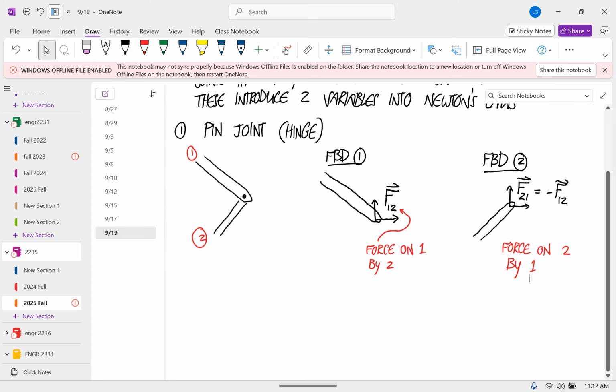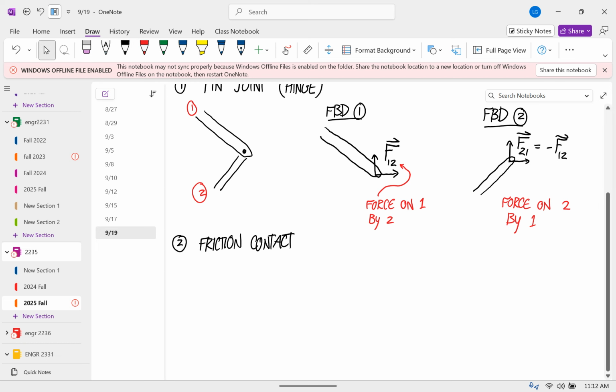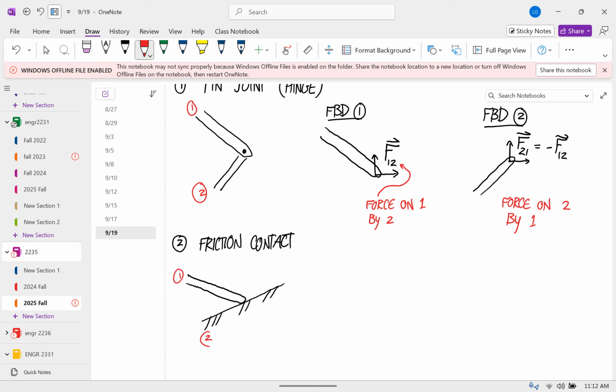The second type in this category is a friction contact. So let's think of a surface and a body that makes friction contact with it. And so I'll call this body 1 and I'll call this body 2.